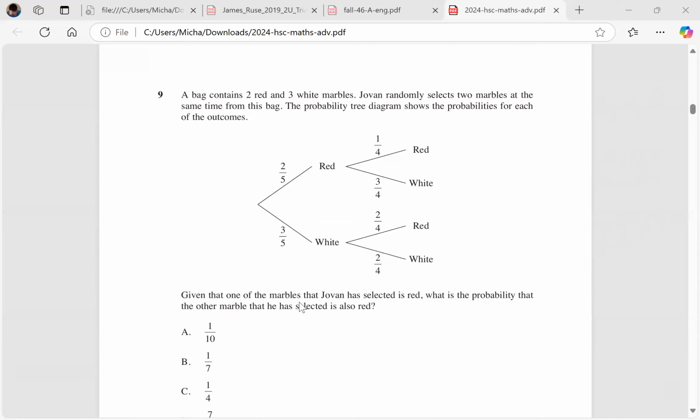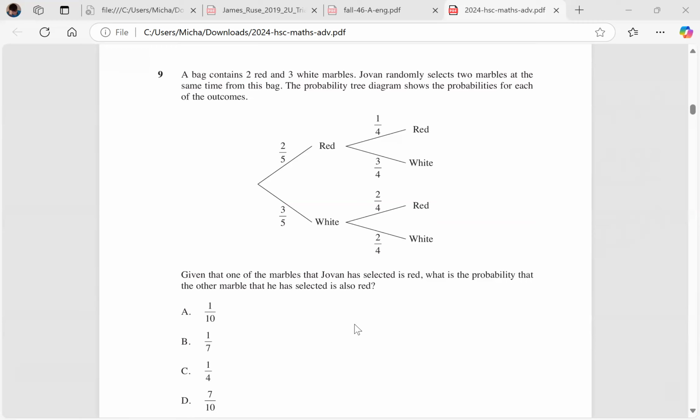I mean, how likely is it, knowing one of them is red, that the other one's red? So there's only one other red one left, out of the 4 marbles. I guess the question is, why isn't it a quarter?